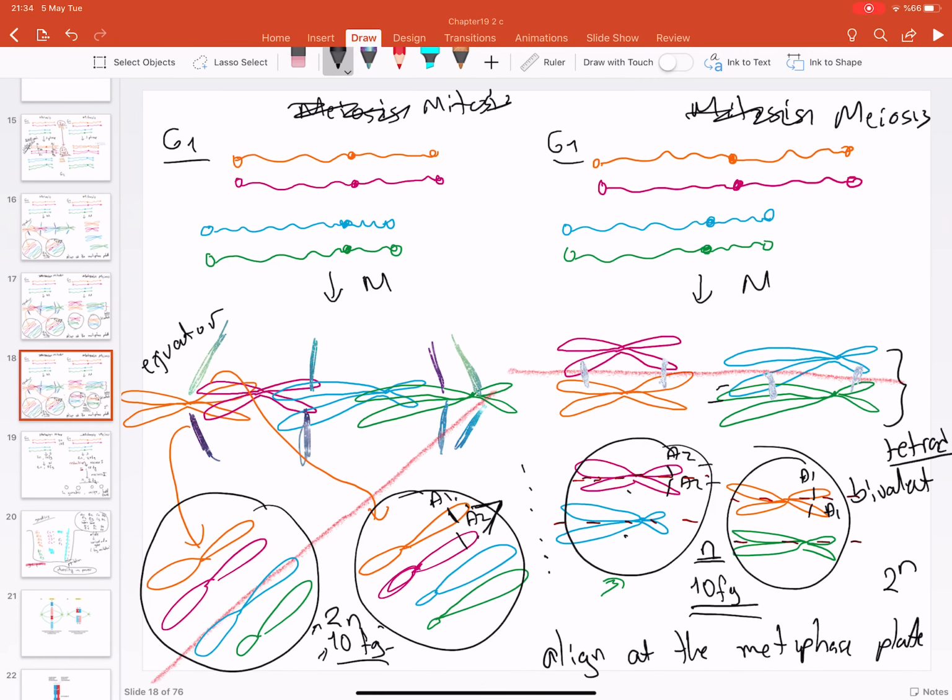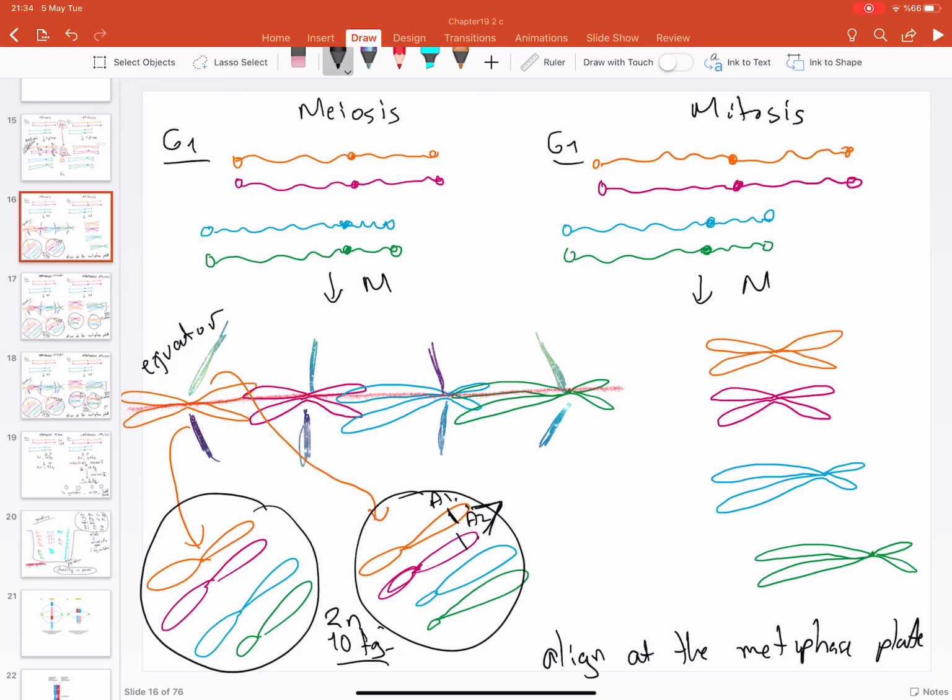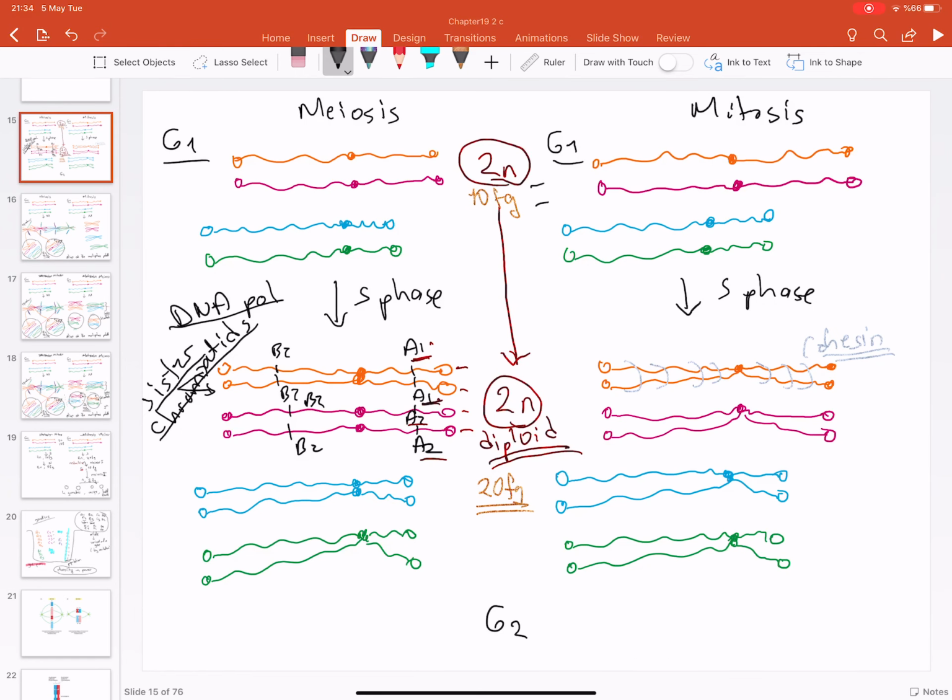Now you can see A1, A2, B1, B2. Now, if, for example, there is a C allele here, C4 and C5, the segregation of C4 and C5 will be totally independent of A1 and A2. You can have different kinds of combinations.